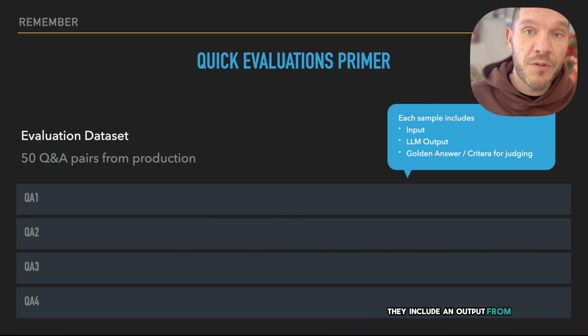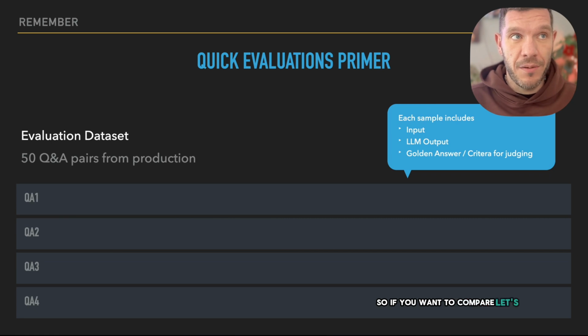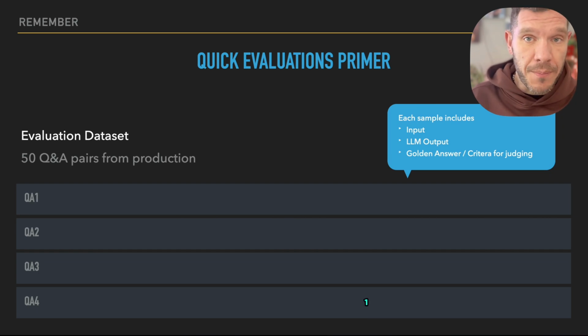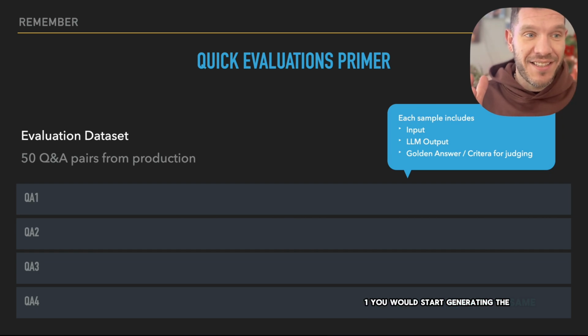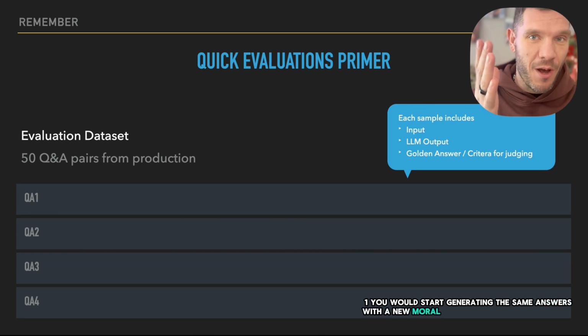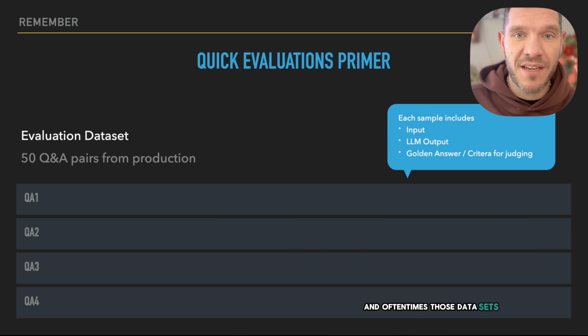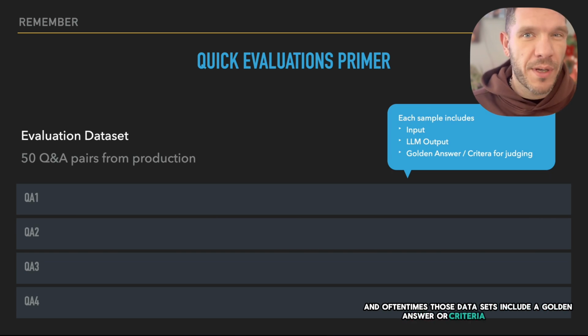They include an output from your LLM. So if you want to compare, let's say, your production model, let's say GPT-4o, to something like an O1, you would start generating the same answers with a new model, and then you need to somehow compare them. Oftentimes, those data sets include a golden answer or criteria for judging.